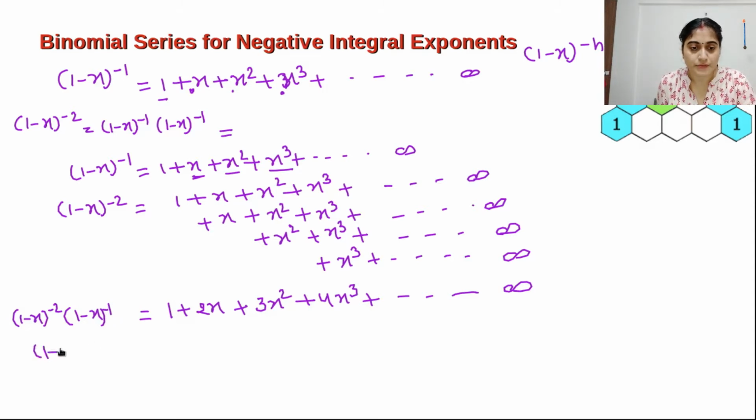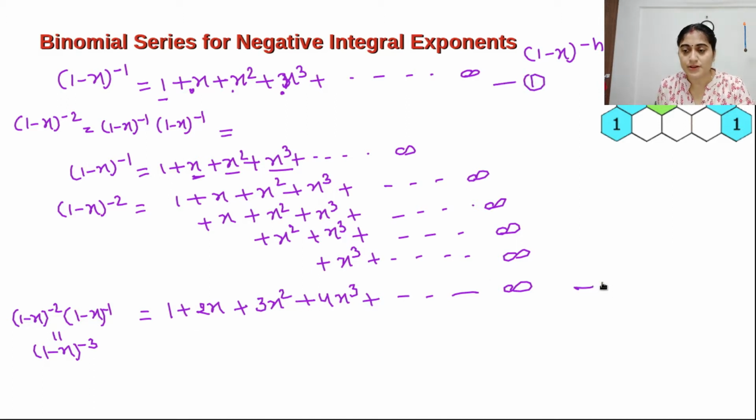So it will be (1 minus x) to the power of minus 3. I will multiply this equation number 1 with this equation number 2, and it will give (1 minus x) to the power of minus 3.